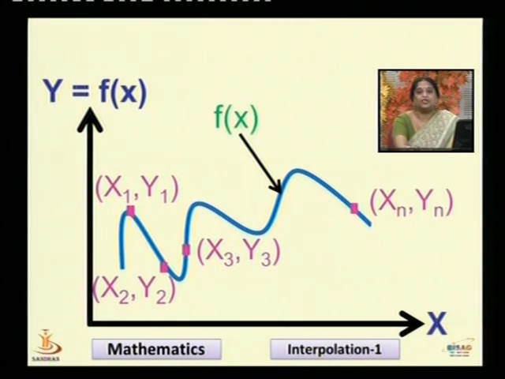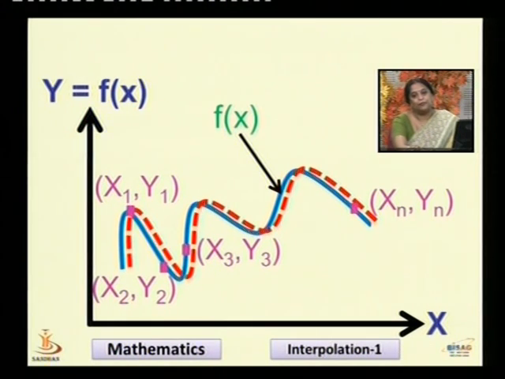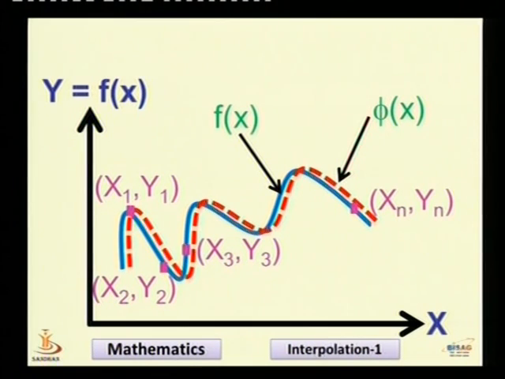We said we shall be finding a simple function phi(x) such that it approximately agrees with f(x). And this phi(x) may not pass through all the points, but as we see here, it may pass through a few or almost all the points. This process of finding phi(x) is termed as interpolation.